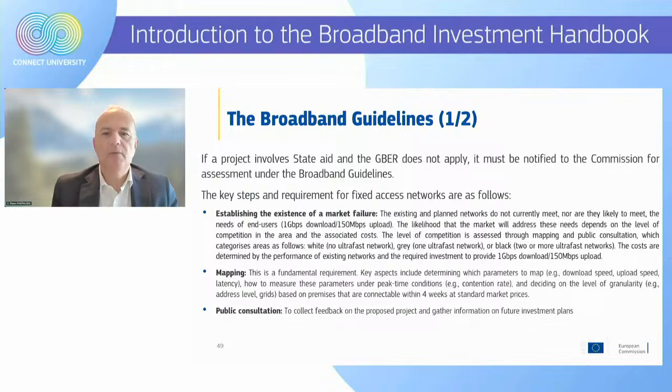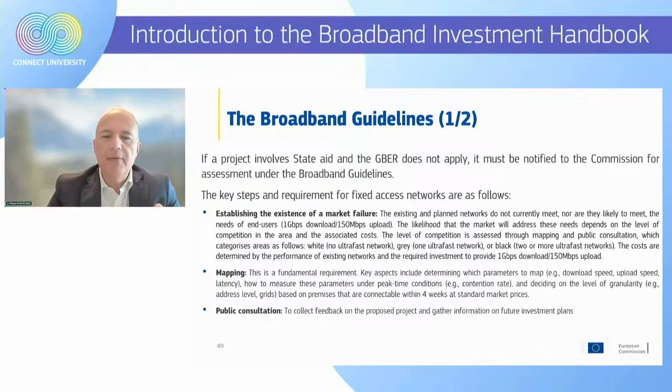But then the assessment of the need of intervention is a bit more sophisticated, because we need to assess the likelihood that the market will address these needs. And this depends on the level of competition in the area and the associated cost to deploy a network that will actually provide 1 gigabit.